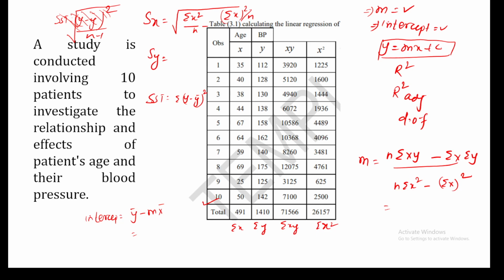How much you got for slope? It's 1.13 or 4. Okay, fine. And intercept we will get around somewhere.